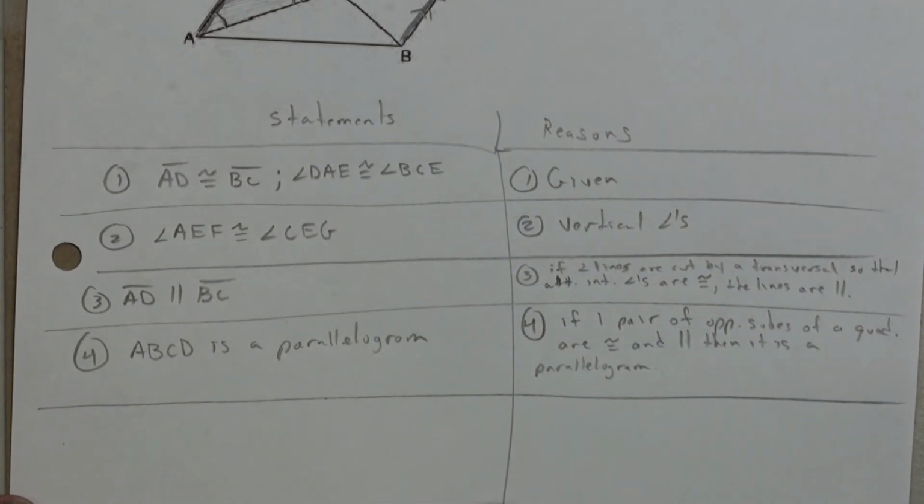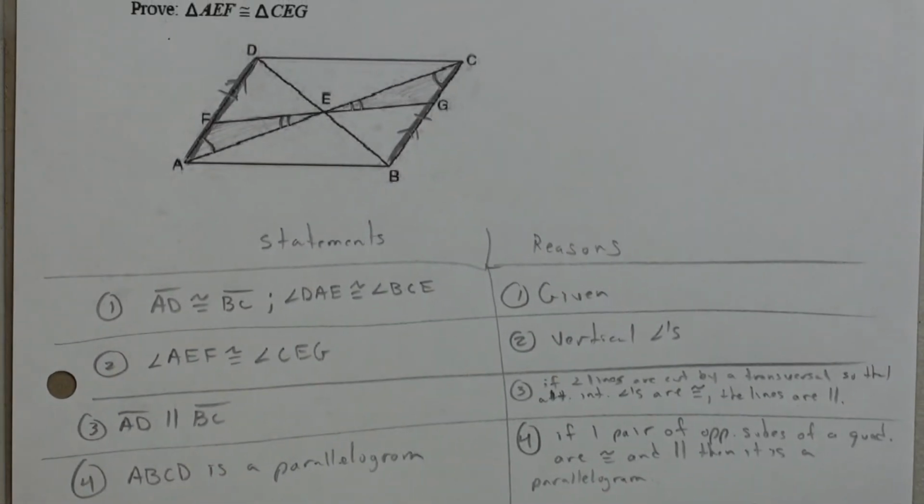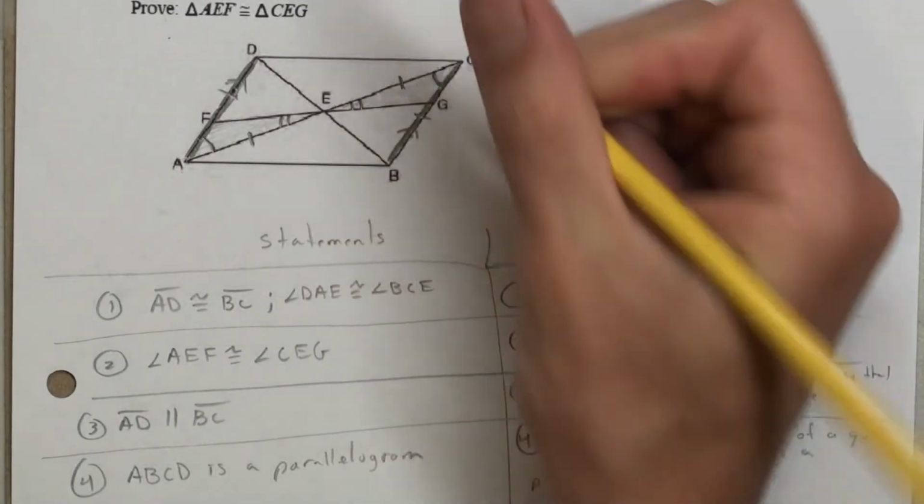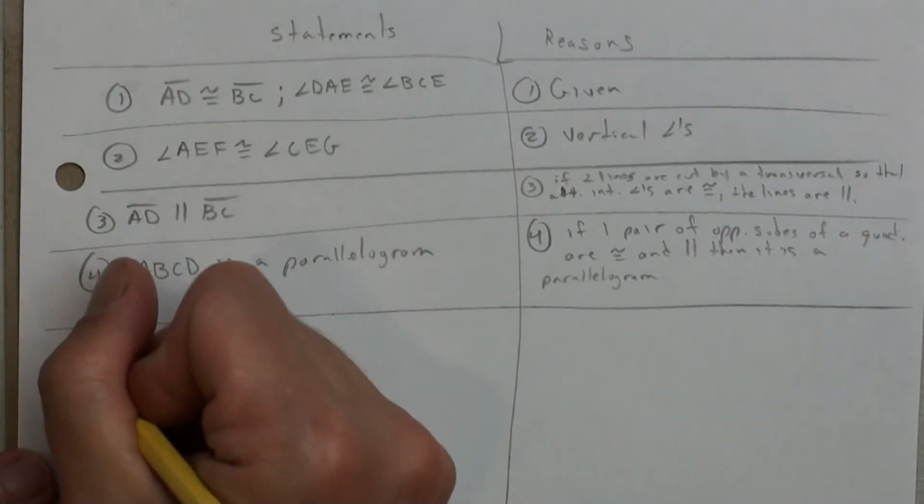Okay? And why do I care about that? Because I know that the diagonals of a parallelogram bisect each other. So now I can say that AE is congruent to CE.